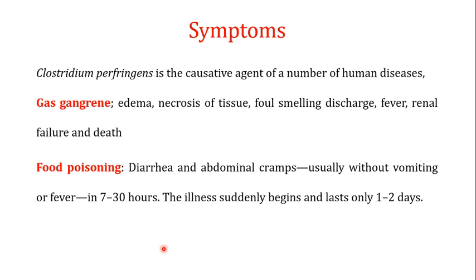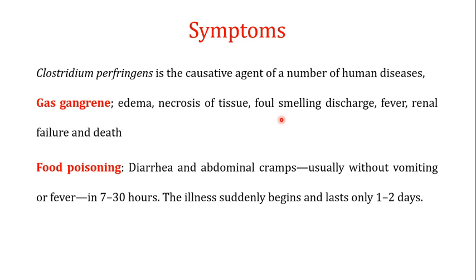Now Clostridium perfringens can cause a variety of diseases. As I've told you, it can cause food poisoning in human beings, but it can also cause gas gangrene. In case of gas gangrene, the symptoms are usually edema, which is actually the buildup of fluid in the tissue. There will be necrosis of the tissue, which you can call myonecrosis, as I've told you in the last video.